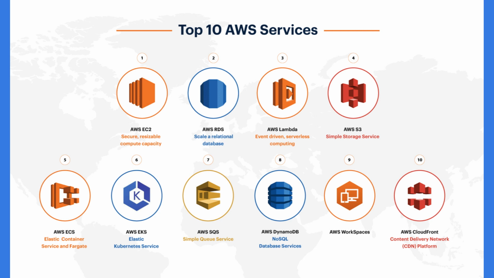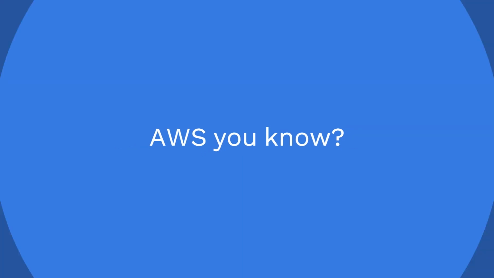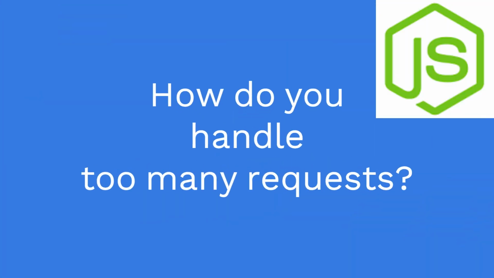Okay, suppose there is one scenario. Normally Java or .NET are capable of handling more and more requests, but Node.js is not able to handle such requests like Java and .NET. How can we achieve that, so that at the time of heavy load, the Node.js service is able to survive properly?